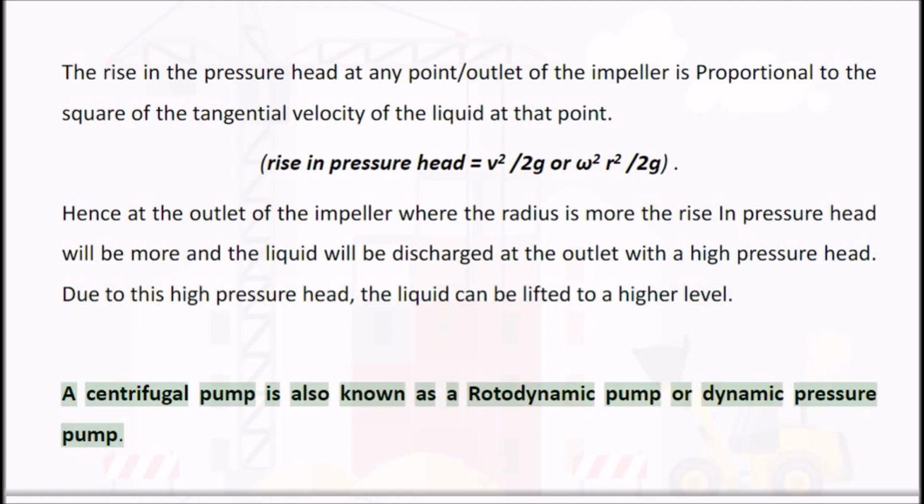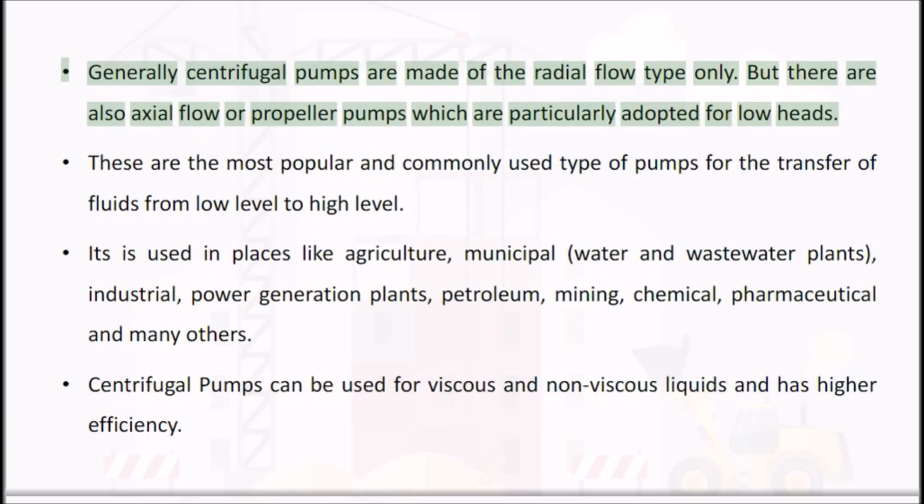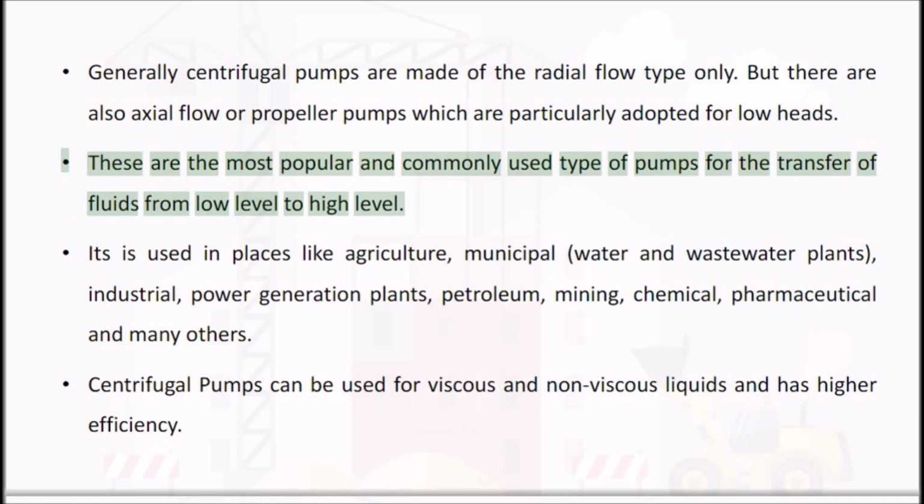A centrifugal pump is also known as a rotodynamic pump or dynamic pressure pump. Generally, centrifugal pumps are made of the radial flow type only. But there are also axial flow or propeller pumps, which are particularly adopted for low heads. These are the most popular and commonly used type of pumps for the transfer of fluids from low level to high level.